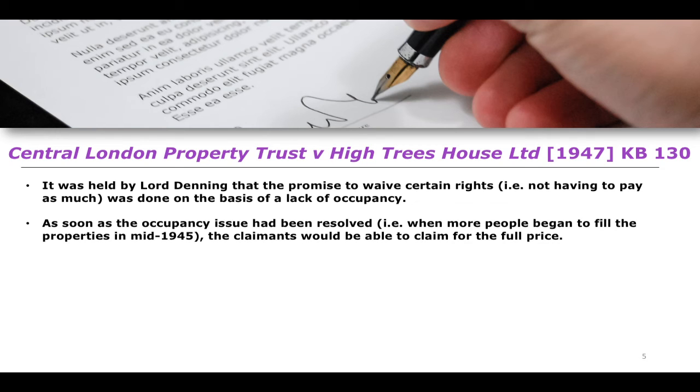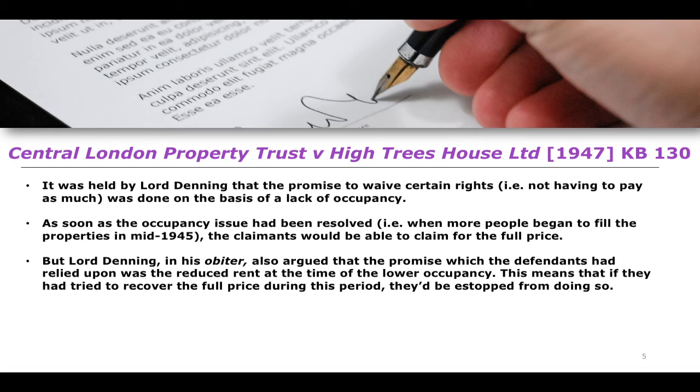As soon as the occupancy issue had been resolved, i.e. when more people began to fill the properties back up in mid-1945, the claimants would be able to claim for the full price of the rent. The only reason why there was a lower rate of pay for rent was because of the lack of occupancy. So when this condition is resolved, then the full price of rent should go back up.